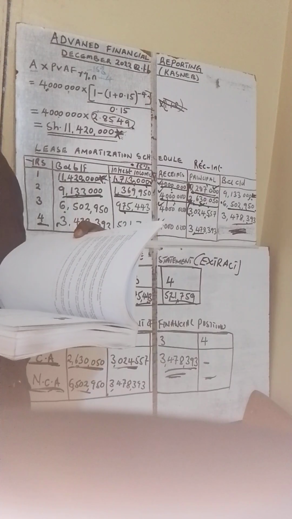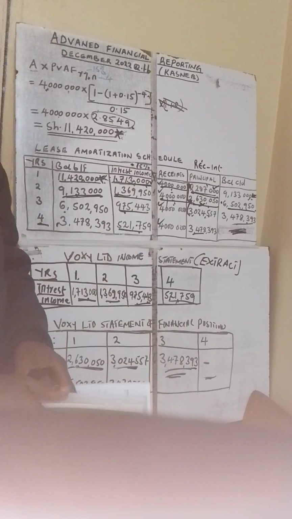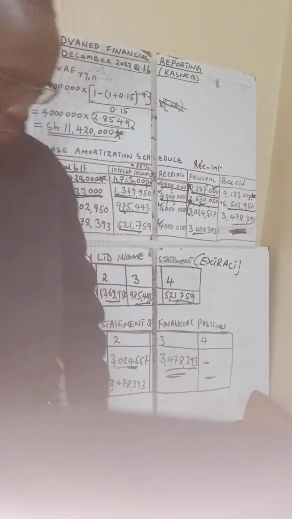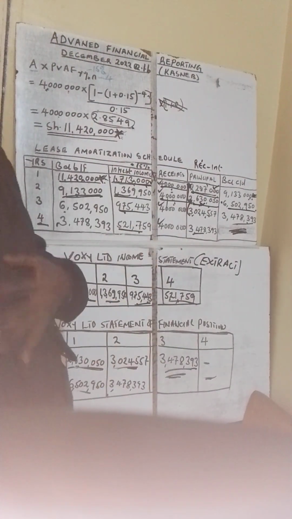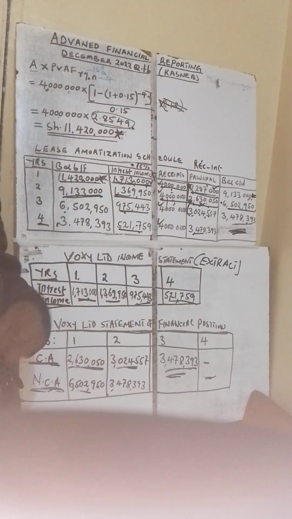You are given 10 marks. So that is how we should have attempted that particular question. So that is it for today. That is leasing. We attempted a question about leasing.